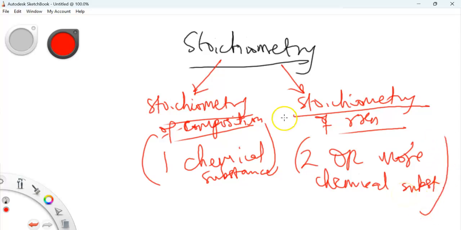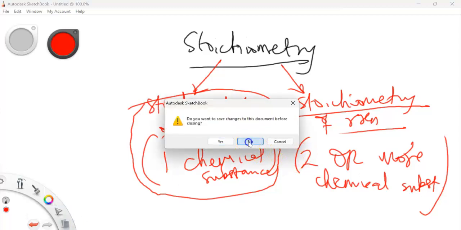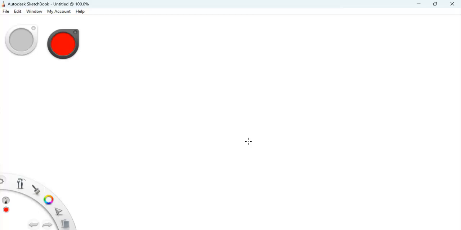So in this kind of thing, we are going to first of all look at stoichiometry of composition, which, I told you, is the one that involves only one chemical substance.